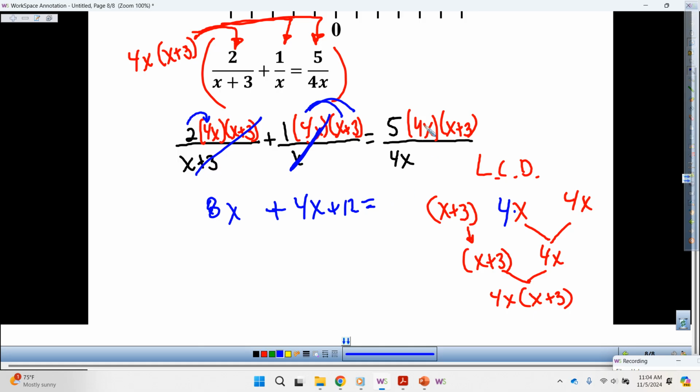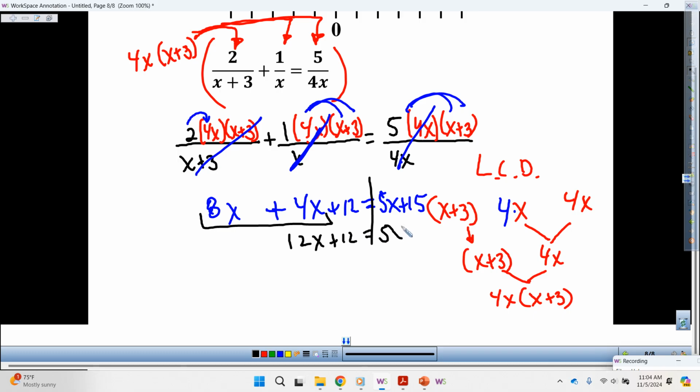That is correct. And distribute the 5. 5x plus 15. That is correct. From there, let's combine like terms. We got 8x plus 4x, that's 12x plus 12 equals 5x plus 15.